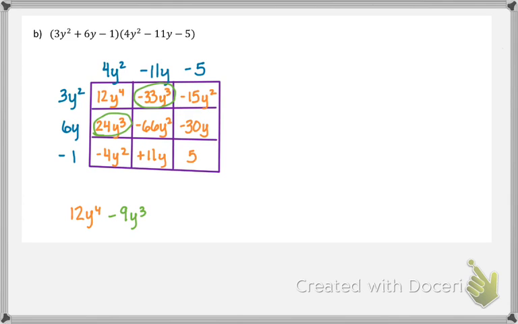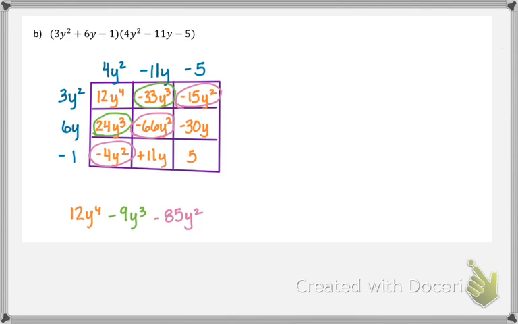And then I have negative 15y squared, negative 66y squared, and negative 4y squared that I can combine. So that's going to give me negative 85y squared.